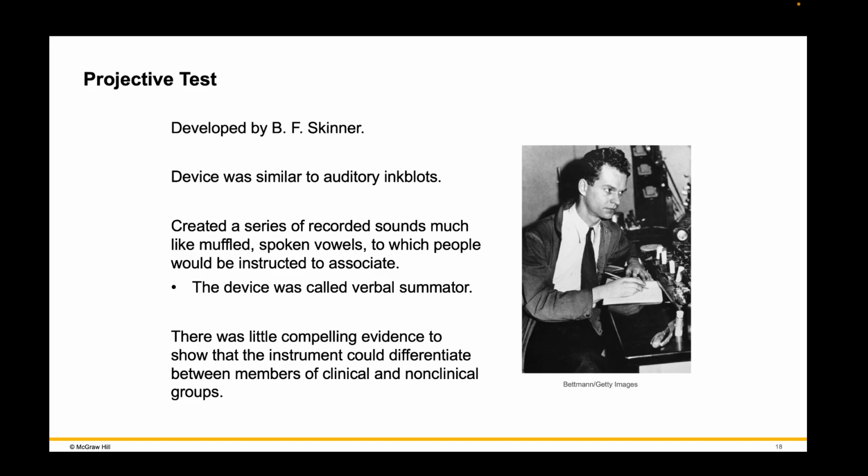I cannot describe it well kasi nga I have not encountered this in school. Hindi naman sa amin pinakita to sa school. And also, I don't know anyone who uses this type of test. Kasi nga, unang-una yan, there's little compelling evidence to show that the instrument could differentiate between members of the clinical and non-clinical group.